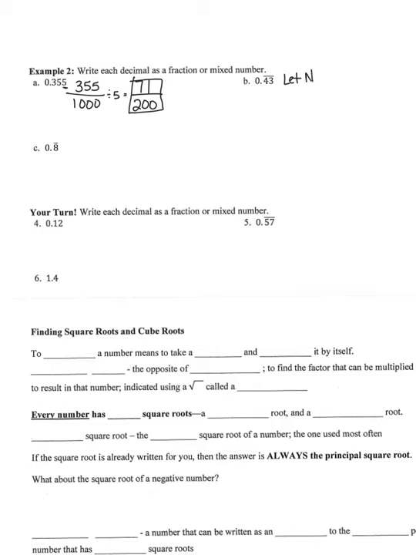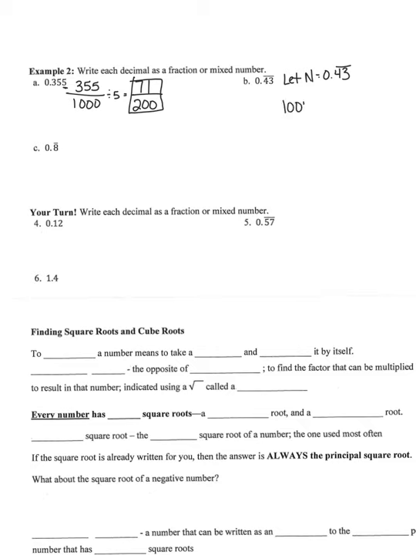So n for number, I'm going to let n equal 0.43 repeating. But what I want to do is multiply both sides by 100, because my whole goal here is to get 43 as my whole number. So I'm going to multiply both sides by 100.